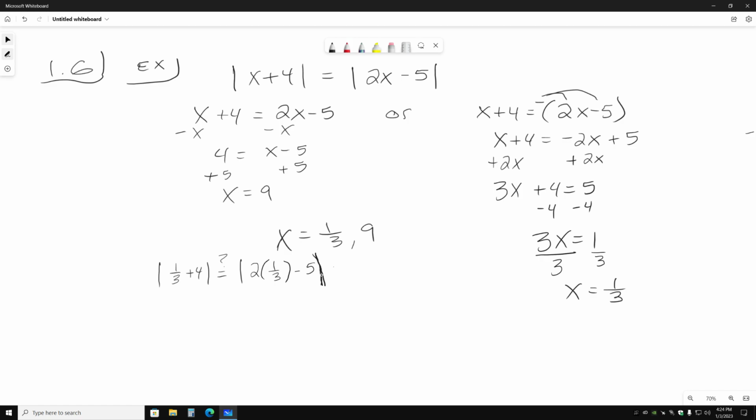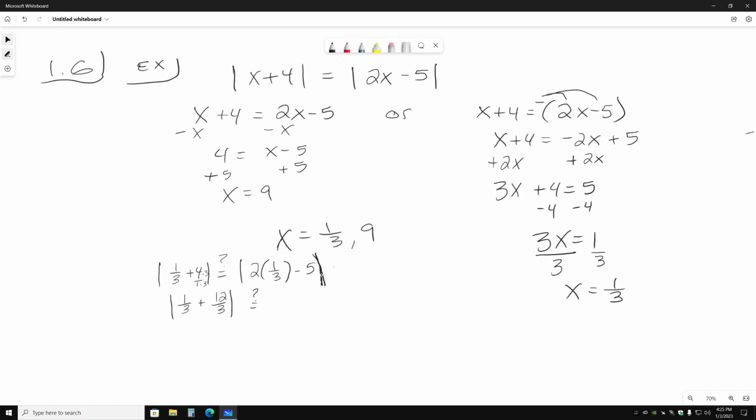Okay, so solving this, we get 4 plus 1/3. We have to get a common denominator, so we'll change this 4 to 4 over 1 and multiply by 3 over 3, which gives us the absolute value of 1/3 plus 12 over 3.